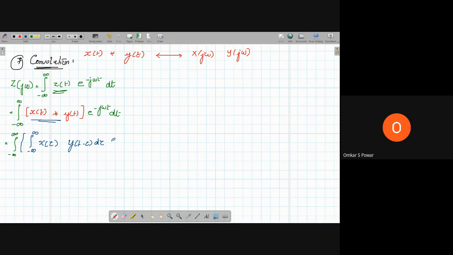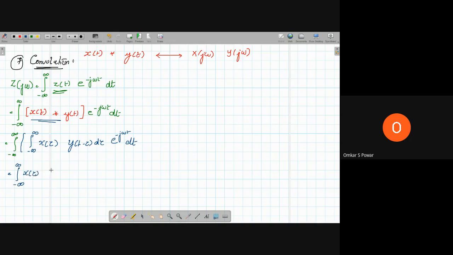So then we'll substitute this one, e power minus j omega t into dt. Then what I will do is observe here, integral from minus infinity to infinity, x of tau, I will bring this outside.